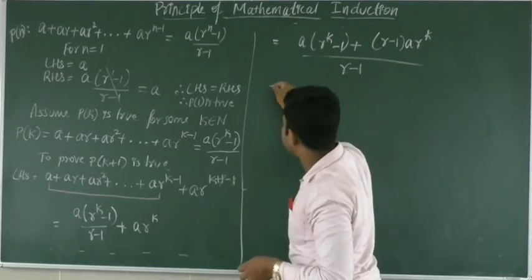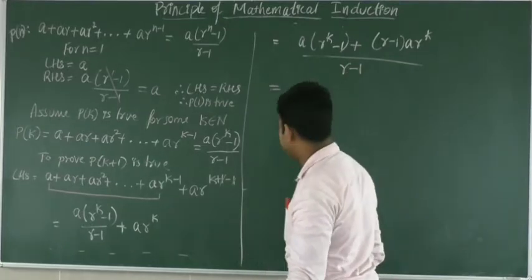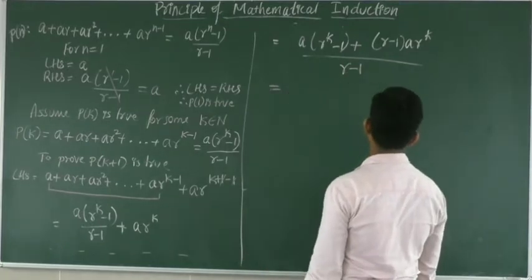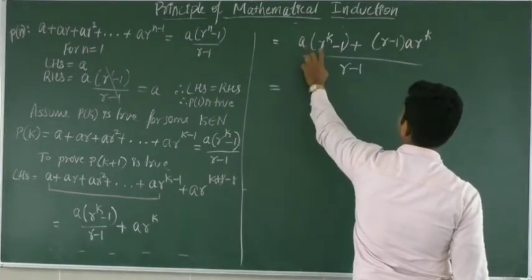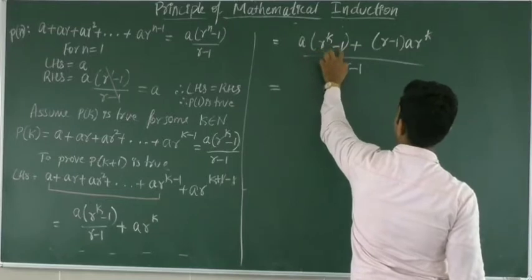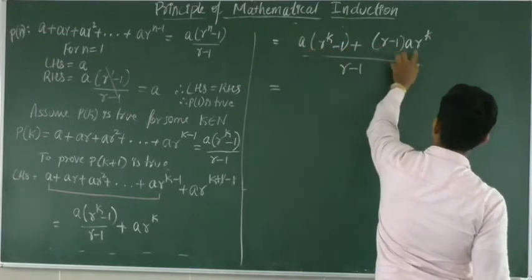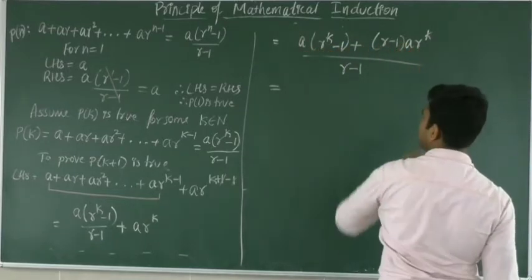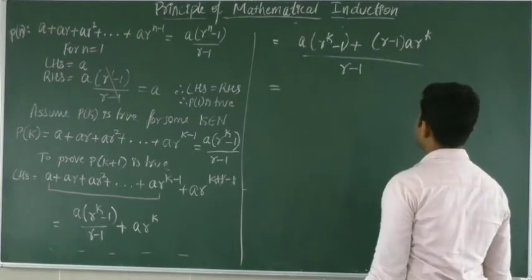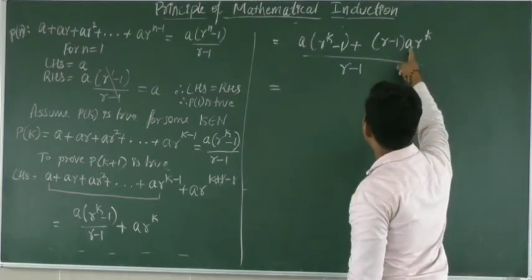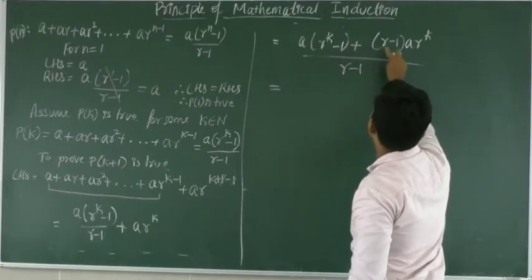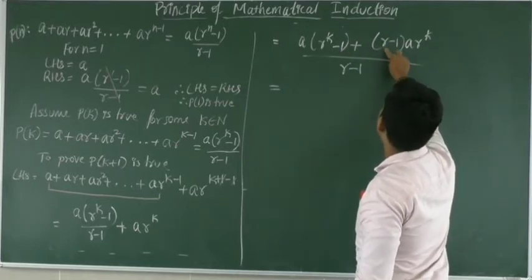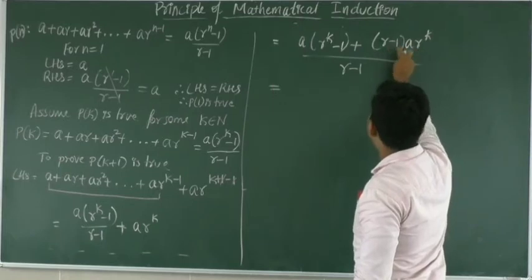Now R minus 1 becomes the common denominator. Now see how to solve this. Here R to the power k minus 1 into A you have, but here R to the power k into A into R minus 1 we have. If you take A common, then we will get R to the power k minus 1, and here R to the power k into R minus 1.